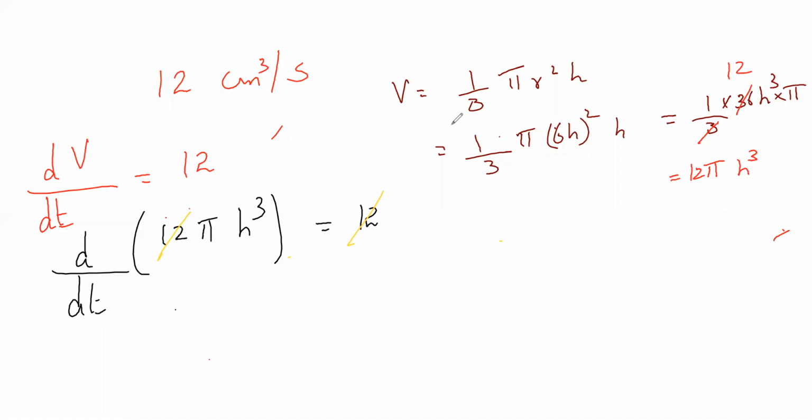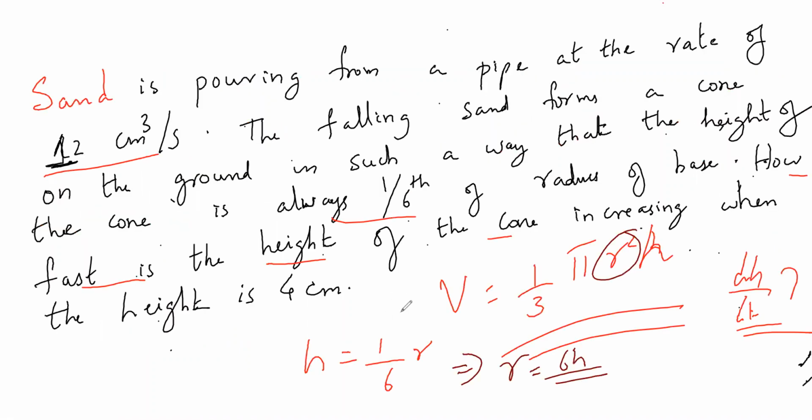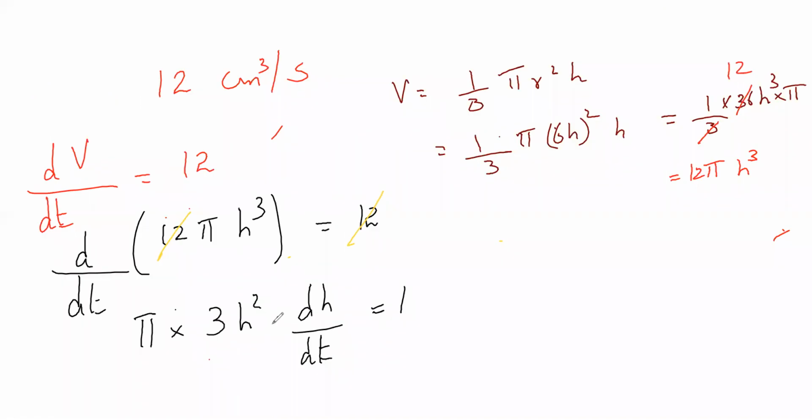Now I'm differentiating this with respect to t. Pi is a constant. Differentiation of h cube is 3h square into dh by dt, equal to 1. What is the height of the cone given? 4 centimeter.